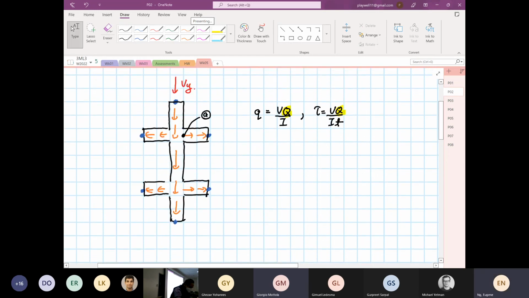If point A is of concern, this is the area that you should be acquiring for your first moment of area. Everything is relative to your terminal again. Yes or no? So this is your Q for point A.